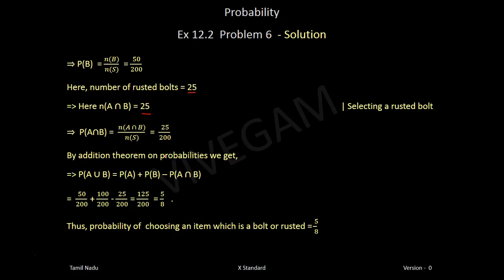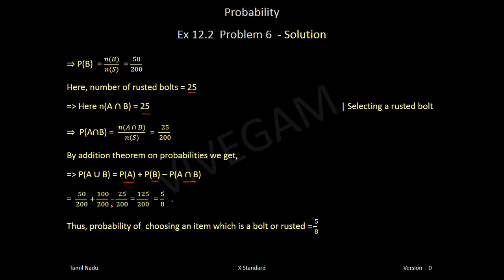Now, you substitute all these values. Earlier we have calculated probability of A, probability of B and probability of A intersection B. Substitute all these three, you should be able to get the value. 50 by 200 is probability of A, probability of B is 100 by 200, probability of A intersection B we just calculated, that is 25 by 100.